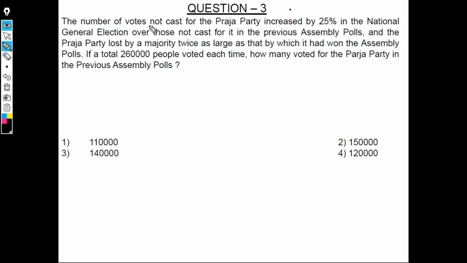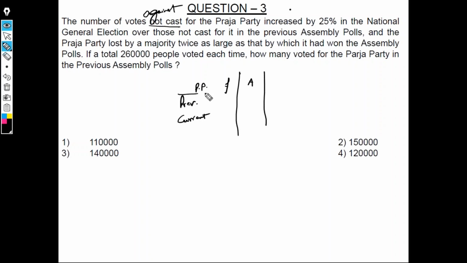So when we talk about votes not cast, it means they are the votes which are against my party, and the party lost by a majority twice as large as that by which it had won the previous assembly polls. Now let's say there is the Praja Party. There are going to be few votes in favor, and there are going to be few votes against. So one is the previous year and one is this current year.